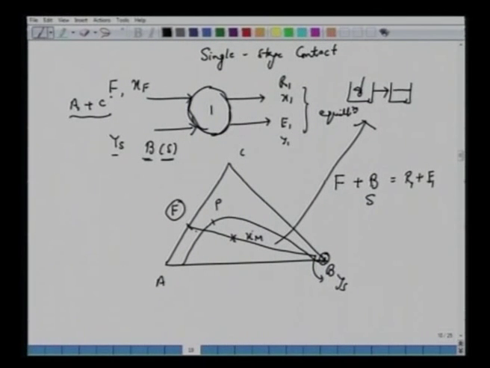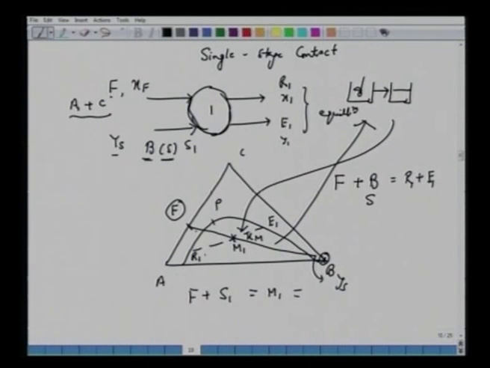Once you allow them to settle, now you have this tie line. This represents this tie line. So you have R1 raffinate and you have extract here. All you have done, now we can write F plus S1, say amount of solvent required, S1 here instead of B, will equal M1, which is this. So that's one unit operation.